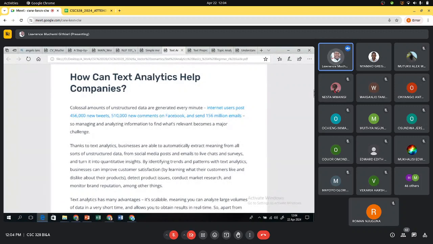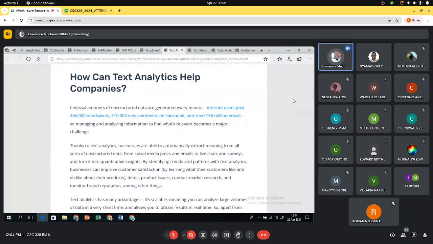So thanks to text analytics, businesses are able to automatically extract meaning from all sorts of unstructured data, from social media posts and emails to live chats and surveys, and turn it into quantitative insights.